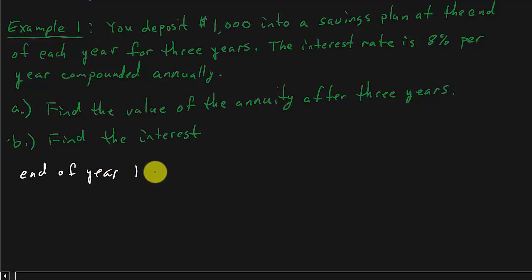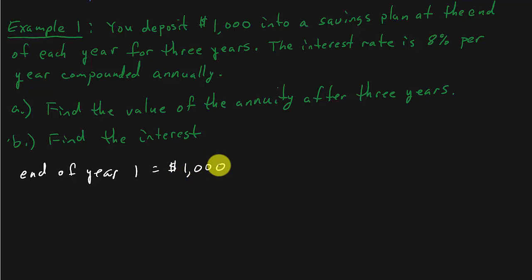At the end of year 1, we have $1,000. There's no interest to add, because let's say you started on January 1st, so you went all the way through that year, from January 1st to December 31st, and on December 31st, you put in $1,000. So there was no interest to calculate during that first year.